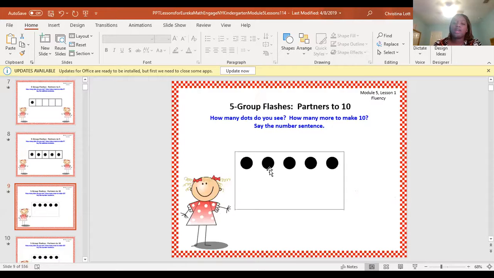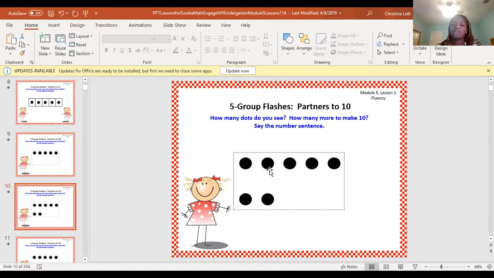Okay, looking at our group 5 flashcards, we're going to look to see how many dots we see, and then we're going all the way from 5 to 10. So if I have 5 here, how many more do I need to get to 10? You can figure it out the same way, just using both hands instead of one hand. Correct, you need 5 more to get to 10. How many?